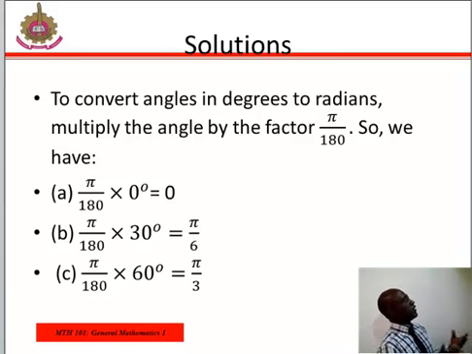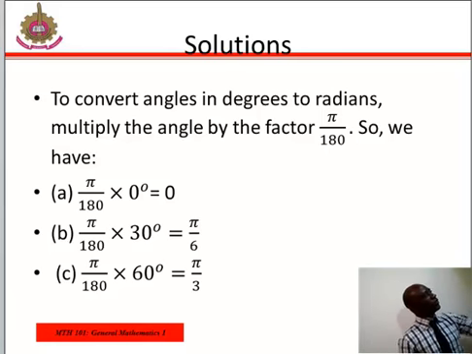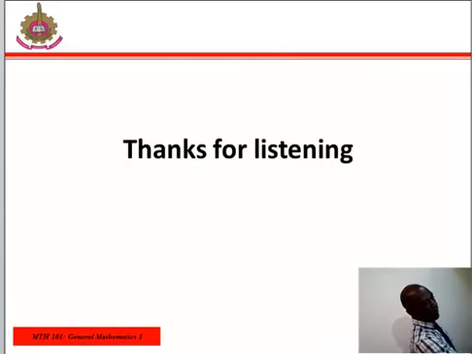B, pi over 180 times 30, this will obviously give us pi over 6, since 30 in 180 gives 6. And the third, C, pi over 180 times 60, and likewise 60 in 180 gives us 3, so finally we have pi over 3.